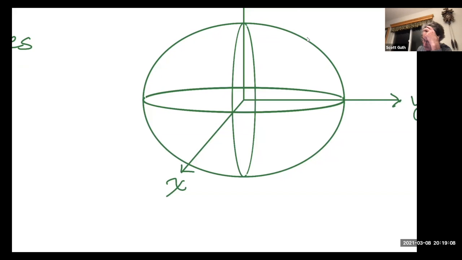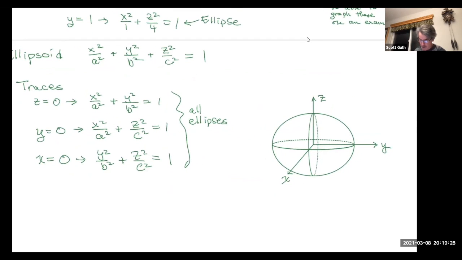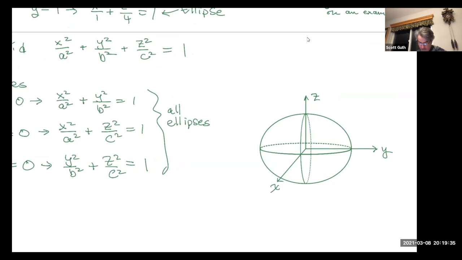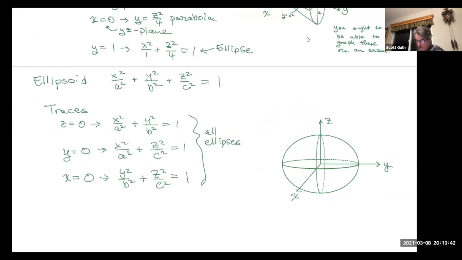So the back lines are that one, which I'll make a dashed line, and this one, same thing. And then I guess the last thing I would do is label things. So X, the axis length for X goes out to A. So maybe I'll do this in red. See, under the X squared, you've got an A squared, right?